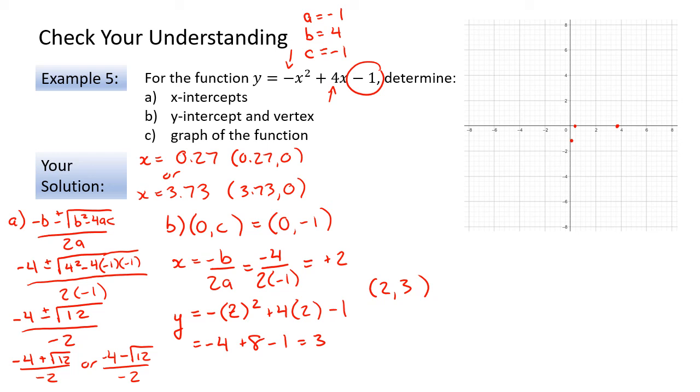And our vertex, 2 and 3. If I draw this, we're going to get something like this. And remember, because it's a mirror, we can draw the same image on the other side. So it looks something like this.